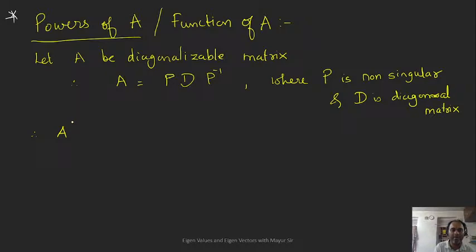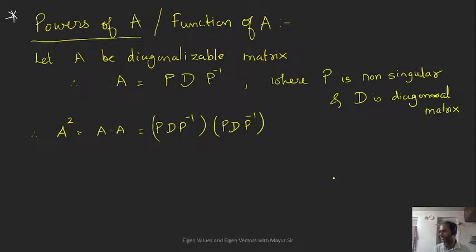So now one of the theoretical aspects is this. Suppose I do a square, I'll give you a simple example. A square for me is A into A, but then the approach can be like this also: I can write this as P D P inverse multiplied by P D P inverse. Now I hope you are following this.